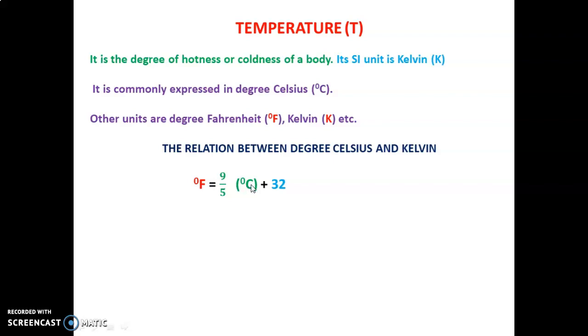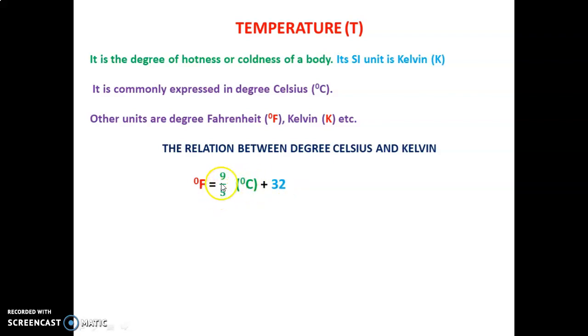For that calculation, instead of degree Celsius you just put 5. So degree Fahrenheit equals 9 divided by 5, into 5, plus 32.